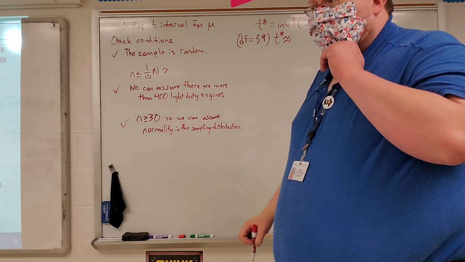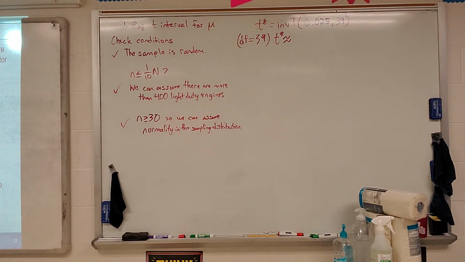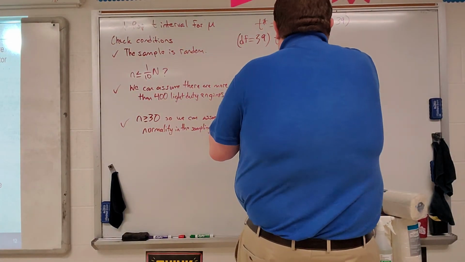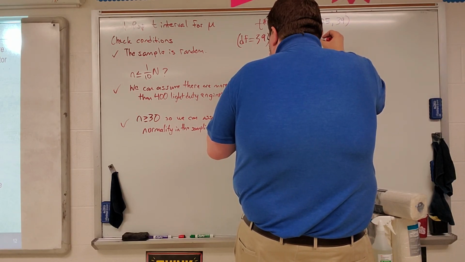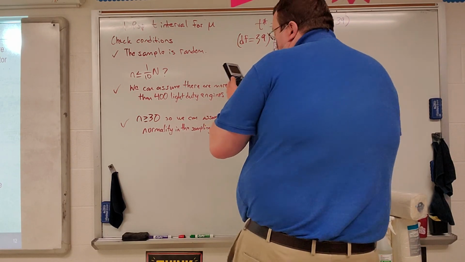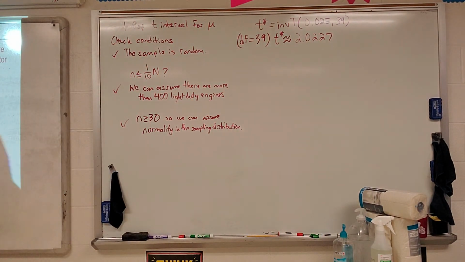So we get t star to be approximately, once you do that on your calculator, second VARS, inverse t, 0.025, degrees of freedom 39, 2.0227. You get a negative of that, of course, but you make it positive.